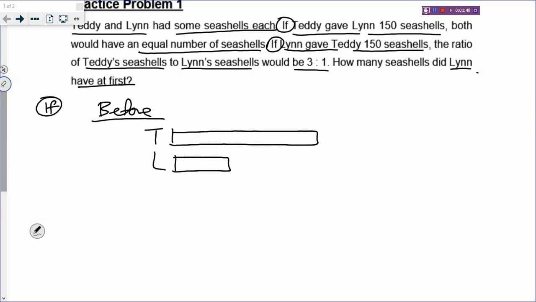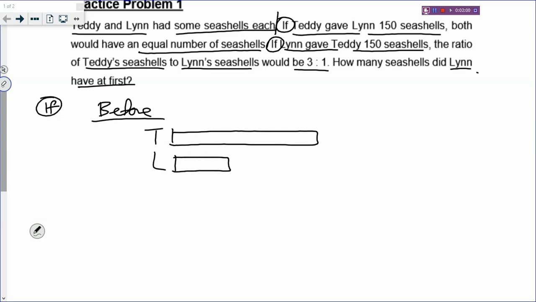Now when you draw your comparison model, do try to draw a long rectangle and a short rectangle. So how short is the short rectangle? Usually I will draw about half the length of the longer rectangle or even shorter than that, so that you can really see the difference very clearly.